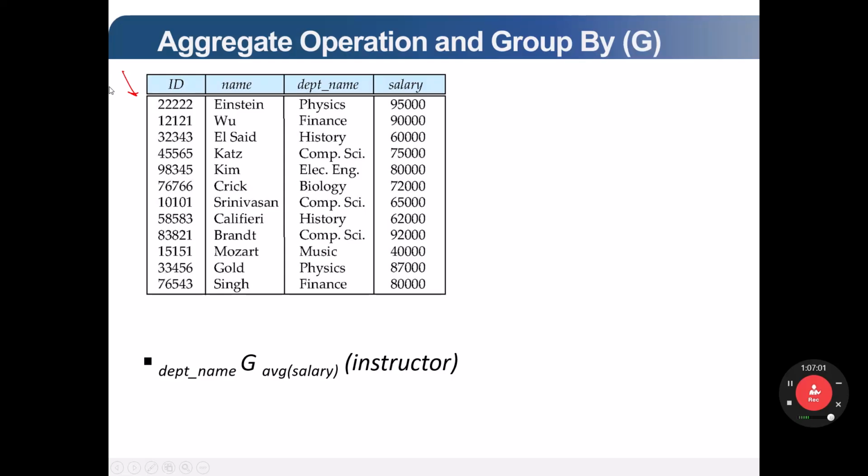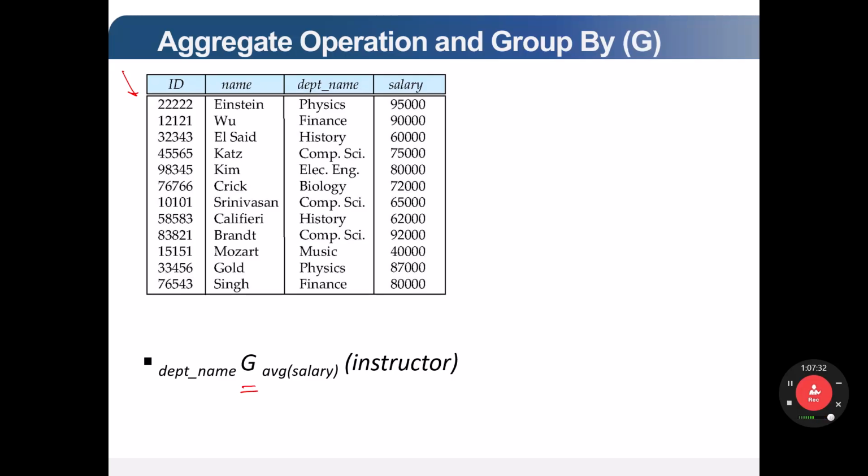Sometimes you may want to calculate the average salary of the instructors after classifying these instructors into their department. So I want to know how much computer science instructors make and how much electrical engineering instructors make. For those kinds of queries, we use this group by operator.